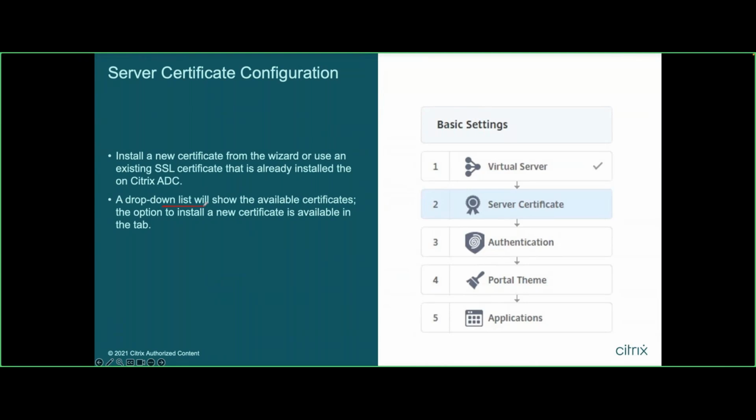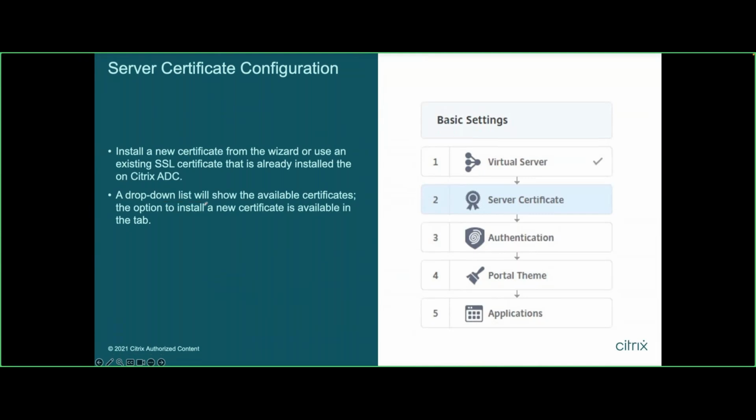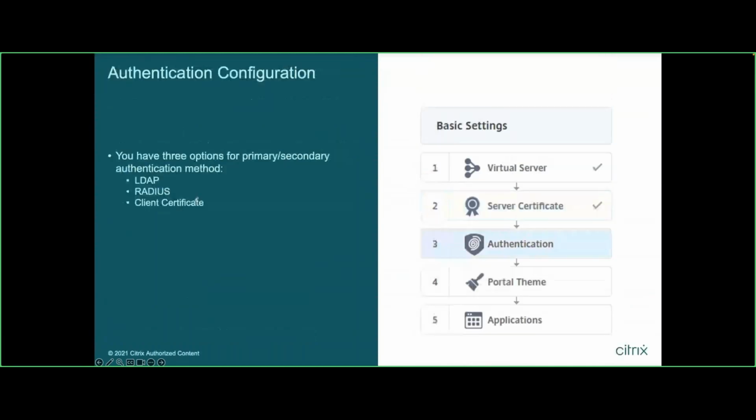Then you provide the authentication. If you remember, you have just integrated LDAP, and that's what I'm going to use. You have added the LDAP server and created the LDAP policy.